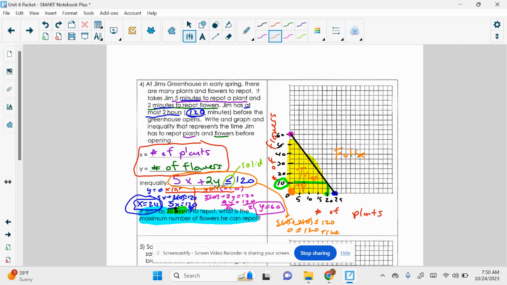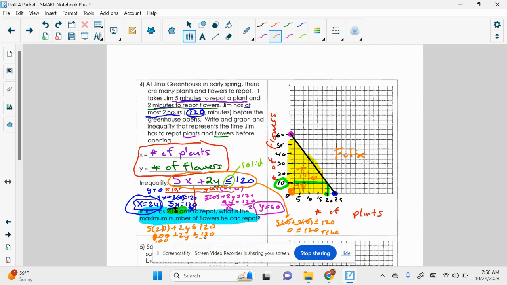So if we got 20 plants, so it's 20 for x, we're going to go like this. 5 times 20 plus 2y is less than or equal to 120. 5 times 20 is 100, 100 plus 2y is less than or equal to 120.